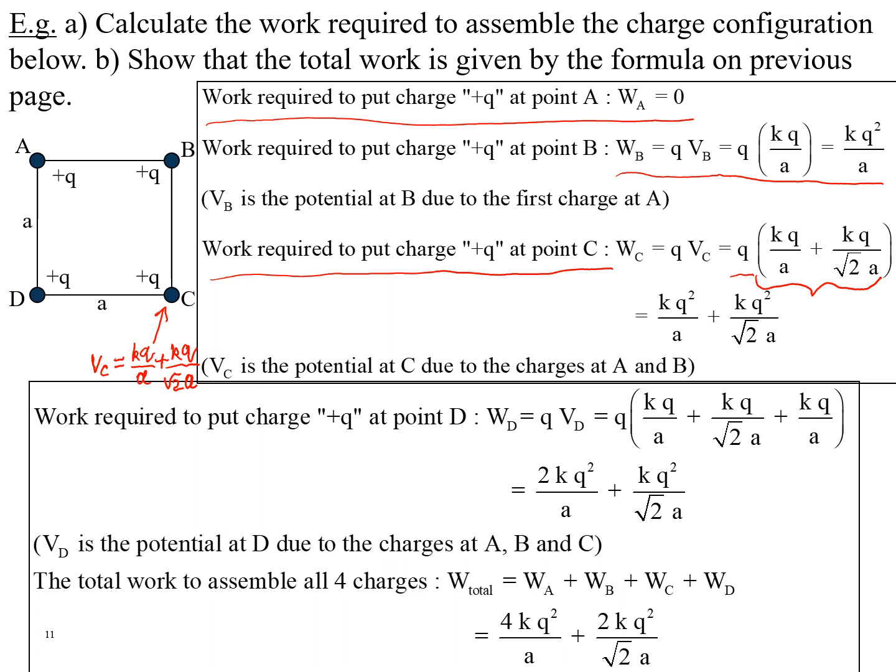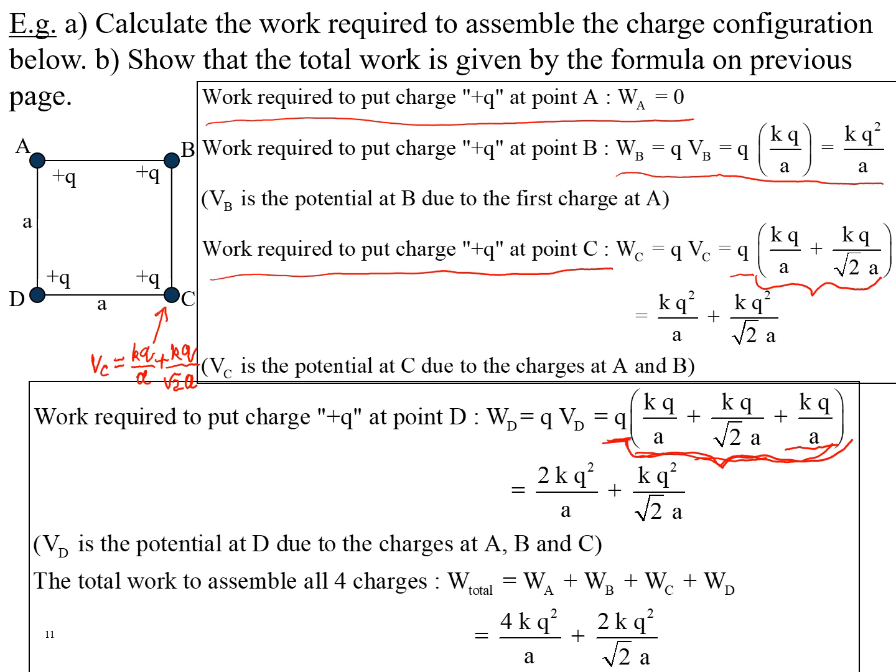That potential at the location D due to the charges at the locations A, B, and C is given by KQ over A from the charge at location A, KQ over A from the charge at location C, and KQ over square root 2A from the charge at the location B. And so we have a comprehensive potential at the location D due to the charges A, B, and C. Now if we pull in a charge Q and take it from infinity to the location D, then that potential energy is given by the multiplication of the bracket that we just evaluated times the charge Q itself.